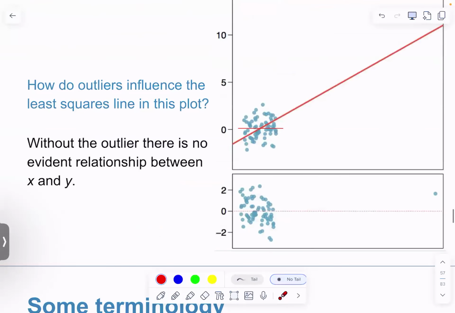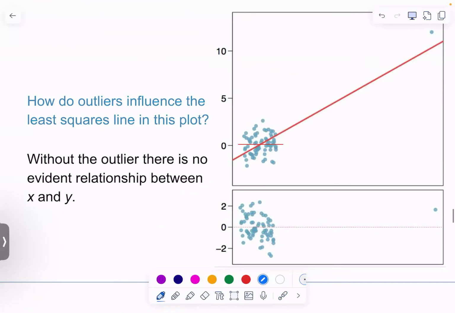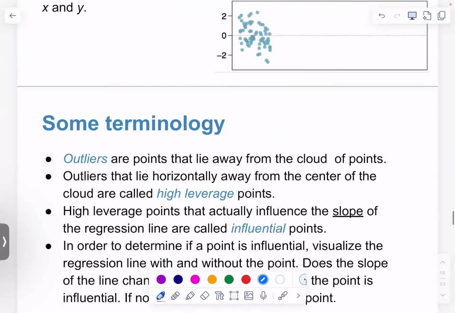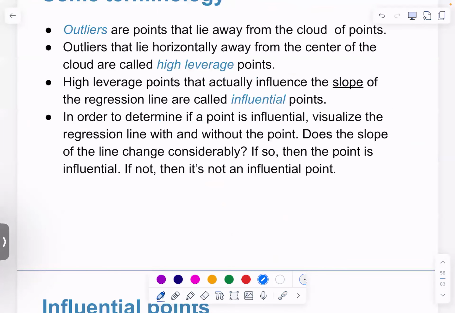So an example of a non-influential point would be if you had an outlier out here, right? It could leverage the line, but if the line's going to try to incorporate it like that, it doesn't really change what the slope of the line would have been anyways. So that's the only difference.